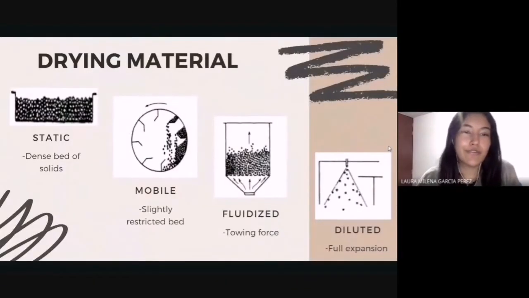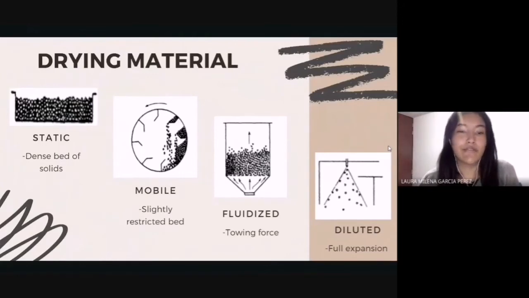The material for drying can be static, mobile, fluidized, or dilute. When the material is static, there is no relative motion between the particles. When the material is mobile, there is a slightly restricted bed of solids in which the particles are separated just enough to flow or slide over each other. Normally, the flow is driven by the action of gravity.